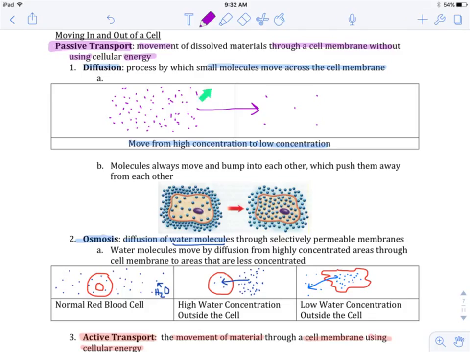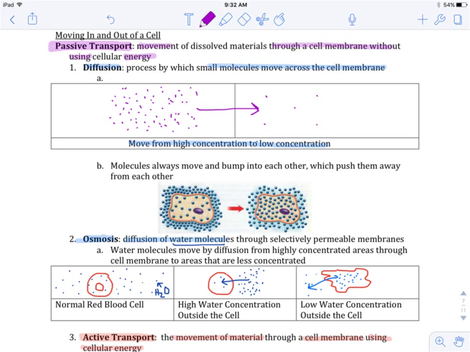So, on this side, you can see I have a high concentration of some substance. And I drew an arrow moving toward the side that has a very low concentration of it. Things will always move from high to low concentrations. Molecules always move and bump into each other, which pushes them away from each other.